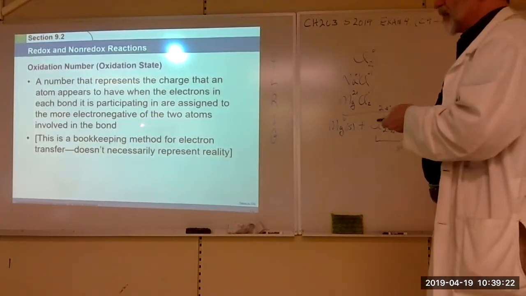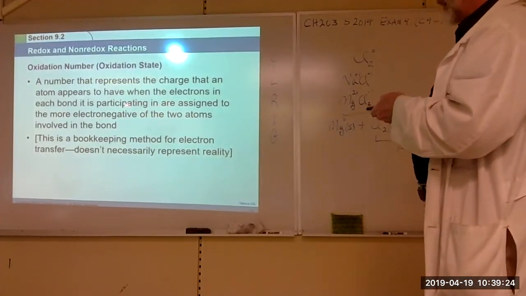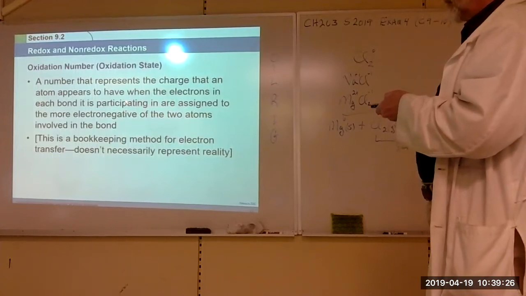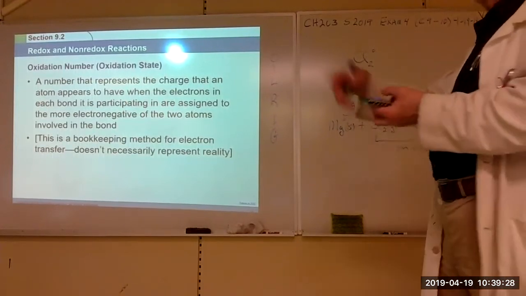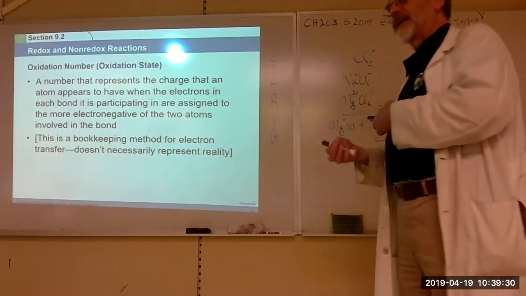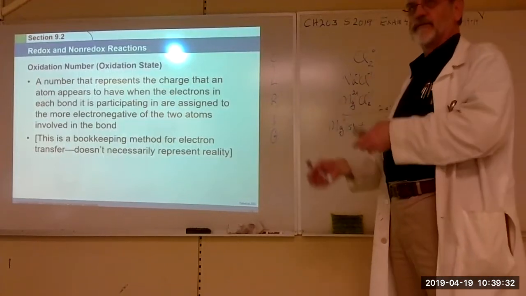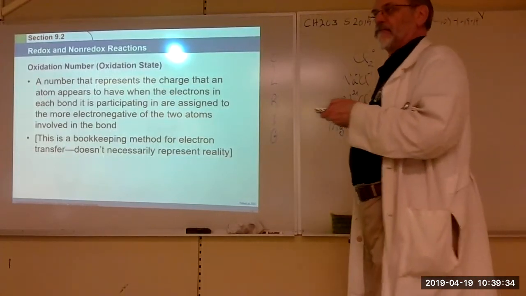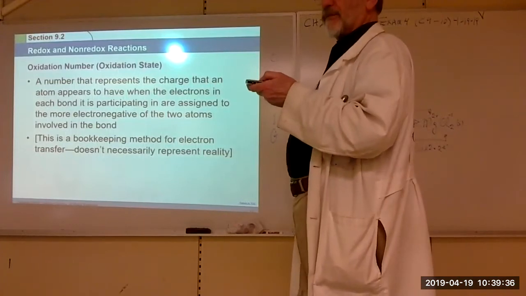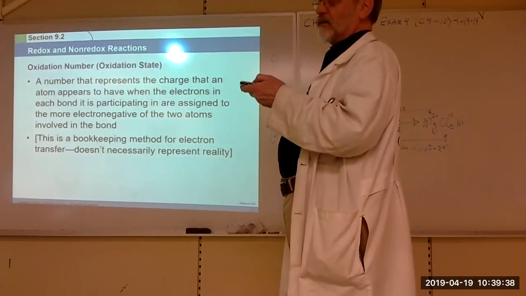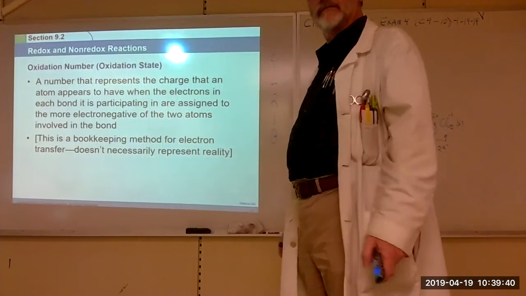This statement just says that the more electronegative atom generally gets the electron transferred to it, and the less electronegative atom is the one that loses. And in general, the less electronegative is going to be a metal, and the more electronegative is going to be a nonmetal.